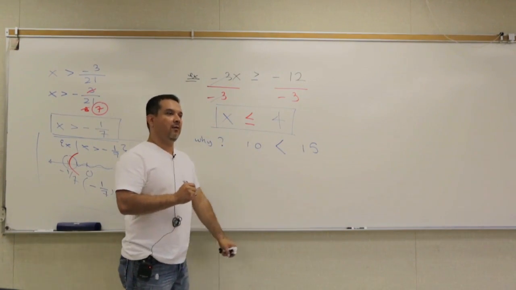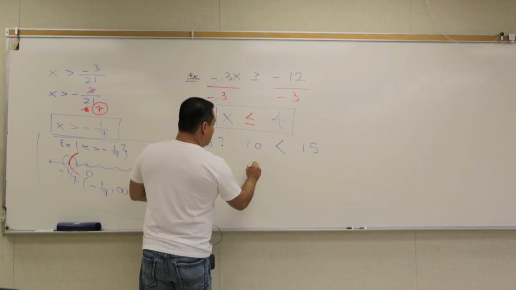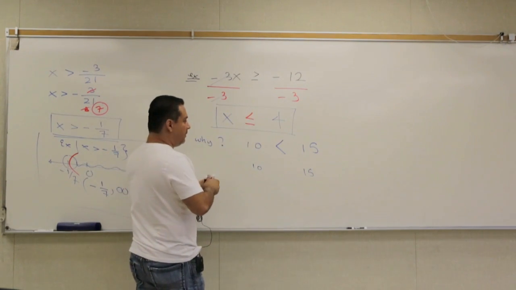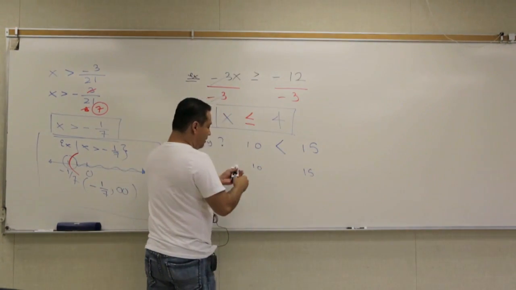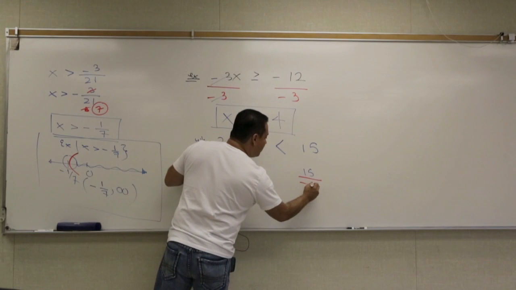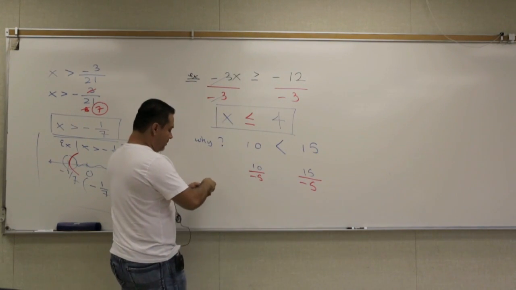15 is larger. Now, what if I said to you, what I want to do now is divide both sides by a negative number. I know 10 is less than 15. But if I divided both sides now by, let's say, negative 5, isn't that a negative number, negative 5? You guys tell me, what's 10 divided by negative 5?